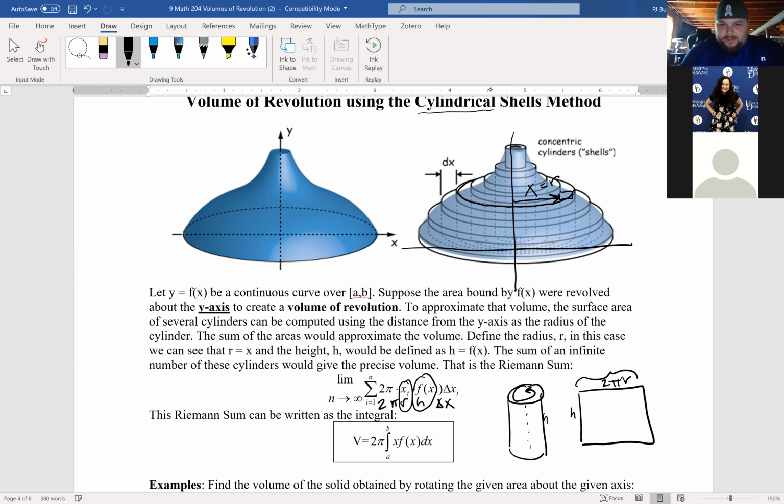And then the distance from the x-axis up to the slice is the height, f of x. Now the slice is technically this, because then we have to wrap that all the way around. So radius is x, height is f of x.